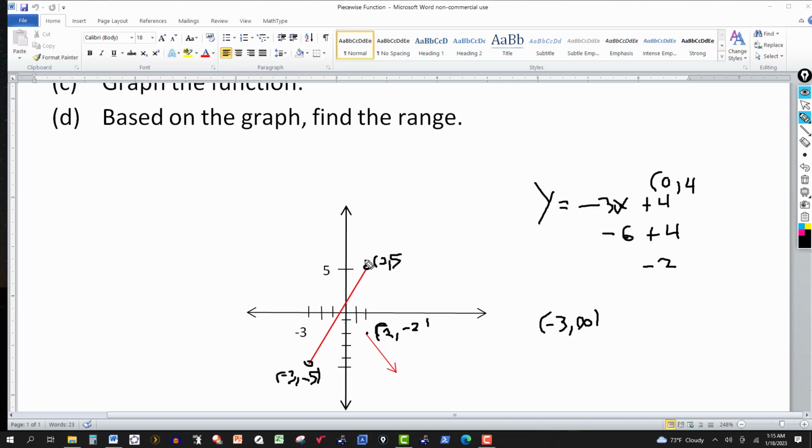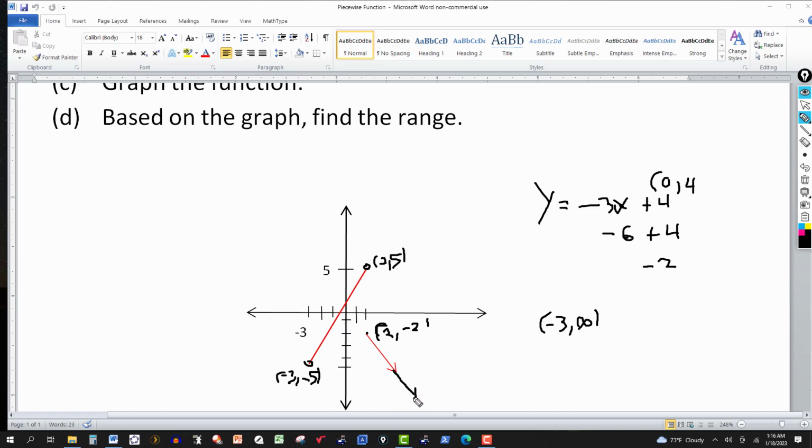As far as the range, that has to do with y. So notice, the highest point on this graph is the point 2, 5. The y value is 5. But then because this point is not included here, everything is less than 5. And then let's see. So we go down here, we're going down. And remember this part of the graph here also keeps going down forever.